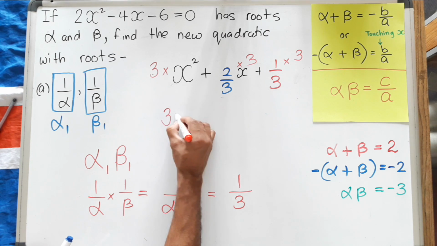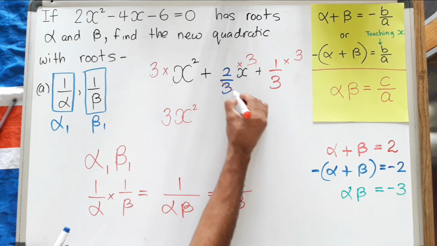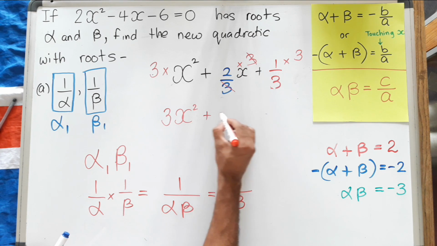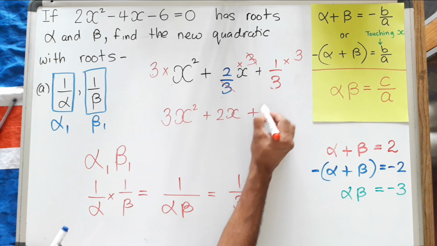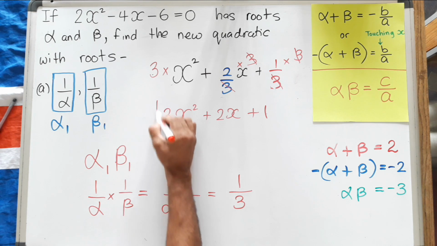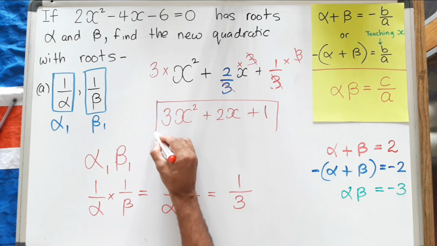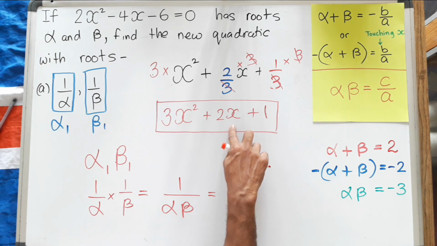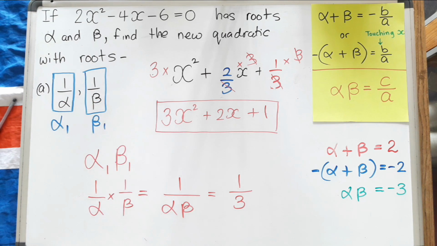So we will get 3x squared. The 3 and the 3 will cancel out to give you a positive 2x. 3 will cancel out with 3 to leave you with the 1. And this is the answer. This is the new quadratic with these two roots, 1 on alpha and 1 on beta.